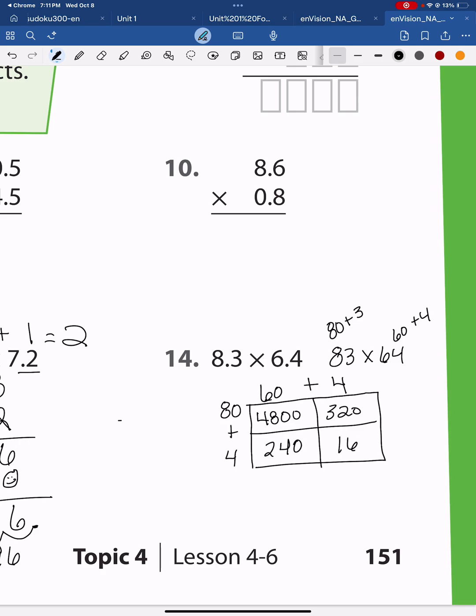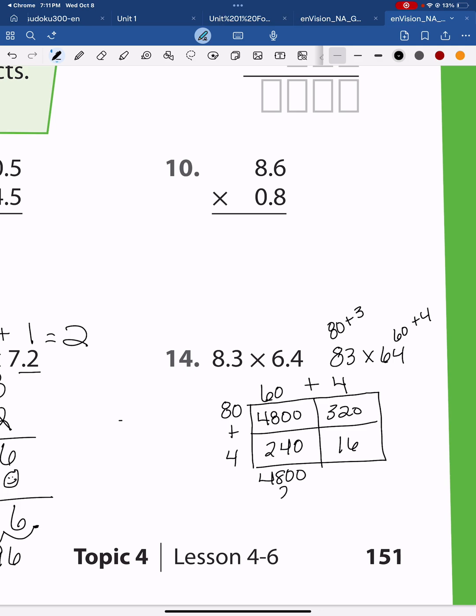And now you have 4 partial products here, and you're going to add those all together. So 4,800 plus 240, 320, and 16. 6, 4, 5, 6, 7. This is 13, carry the 1. 5,376, but that's not our answer, because now we have to bring our decimals back into it.